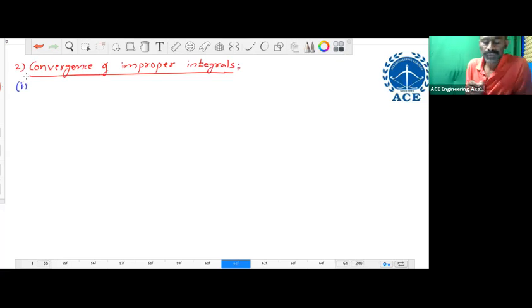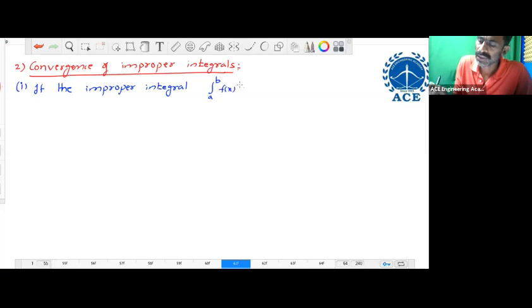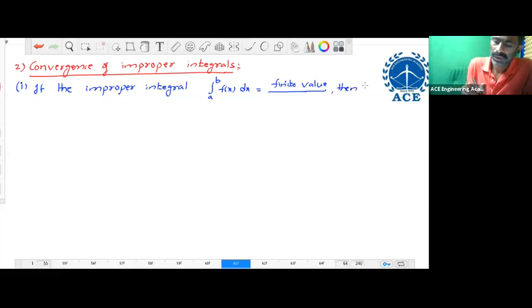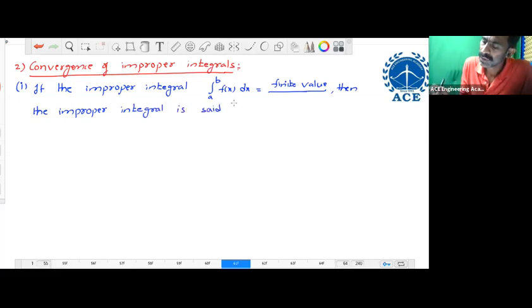The first point. If the improper integral, integral a to b f of x dx, equals a finite value, then the improper integral is said to be convergent.